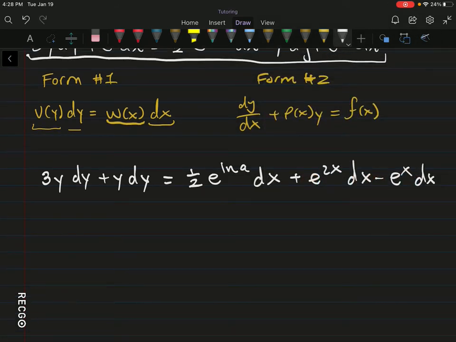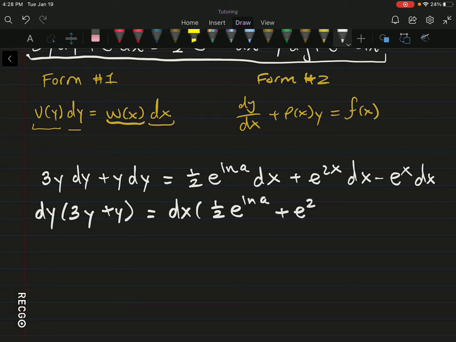Okay, now what we want to do is take out the common dy's and dx's on either side. So we can do this like this. Equals, and then we take the dx's out on this side because they're common on every variable that we have. Like that.